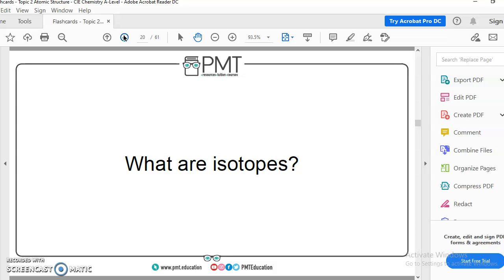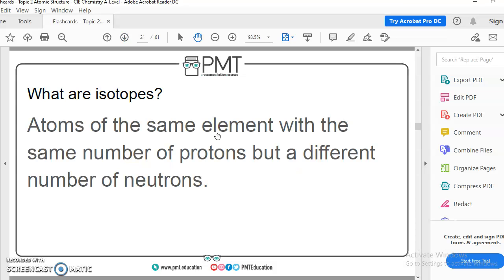So isotopes, what are they? Atoms of the same element have the same number of protons, and since they are atoms, the electrons are also the same, but they have a different number of neutrons. So overall we may define isotopes as atoms of the same element with the same atomic number but with different atomic mass due to a different number of neutrons.